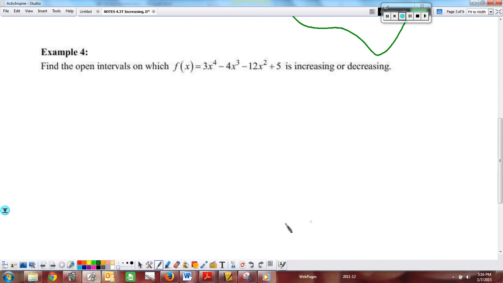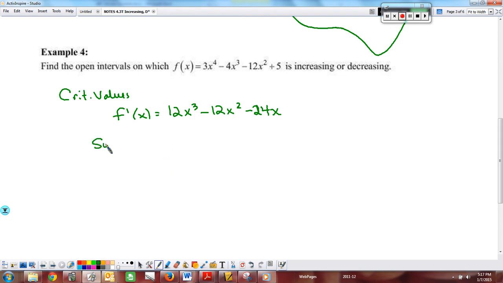All right, example 4. Again, open intervals where the function is increasing or decreasing. And again, we're using calculus. So we're going to find our critical values. Now we know that this is a continuous function and a differentiable function. So always important to keep in mind. We're going to take a look at our derivative, f prime of x, 12x cubed minus 12x squared minus 24x plus 0.